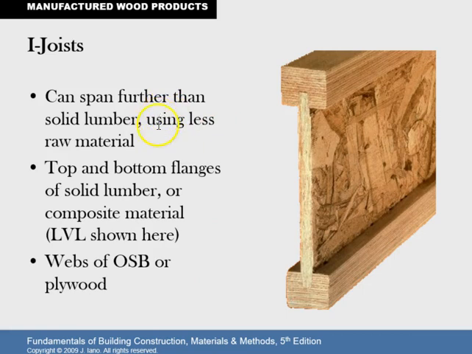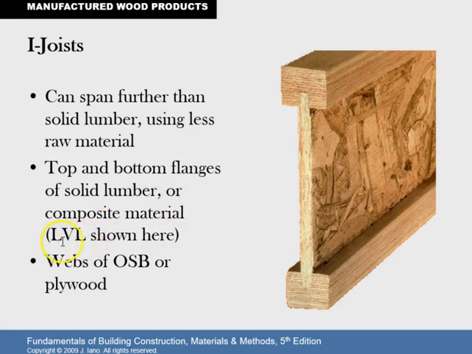Okay, moving on to I-joists, also very efficient. They can span further than solid lumber and use less raw materials. The top and bottom flanges are solid lumber or composite. So here's a top flange, this piece right here. Here's our bottom flange, and this is the web. Top and bottom flanges are solid wood or a composite.